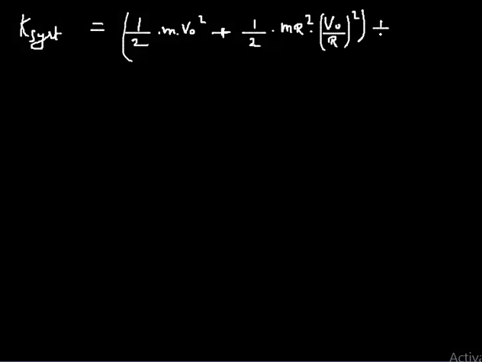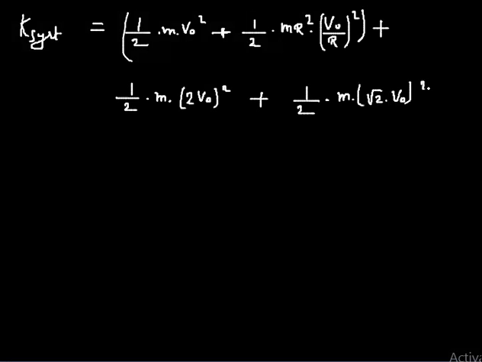Plus the kinetic energy of the first body, which has 2 v naught, plus the kinetic energy of the second ball, which is half m root 2 v naught square.